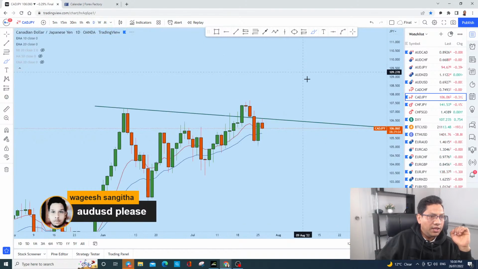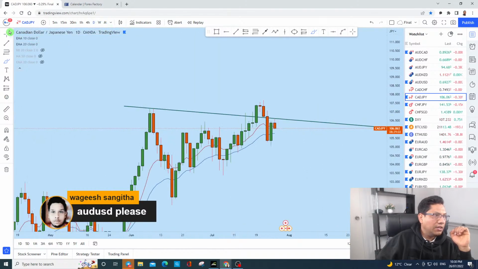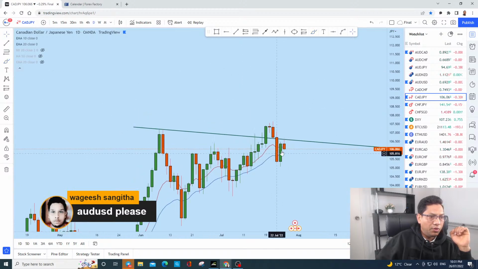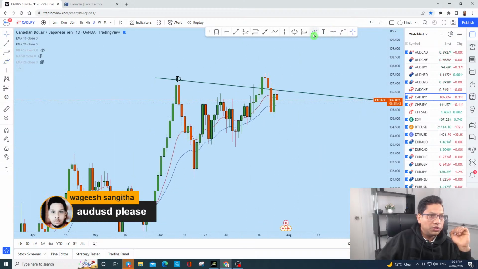Looking at the daily, after the previous day's rise, this day after going up a little bit from this resistance, it has now tested this resistance and we see a rejection. And I think that if it drops, we could see a bigger move on this one as well.